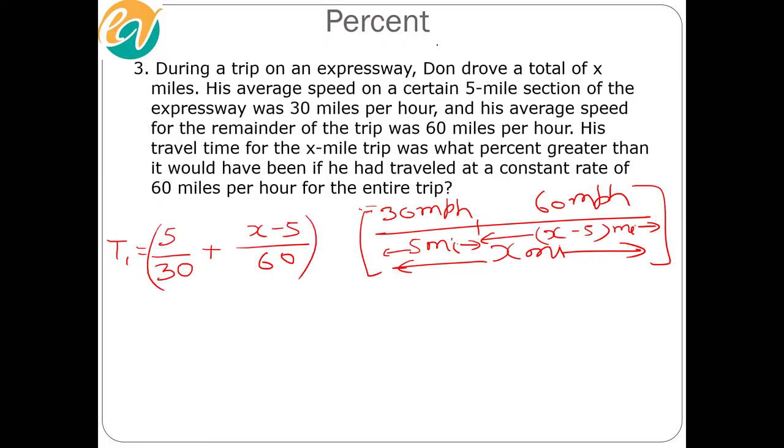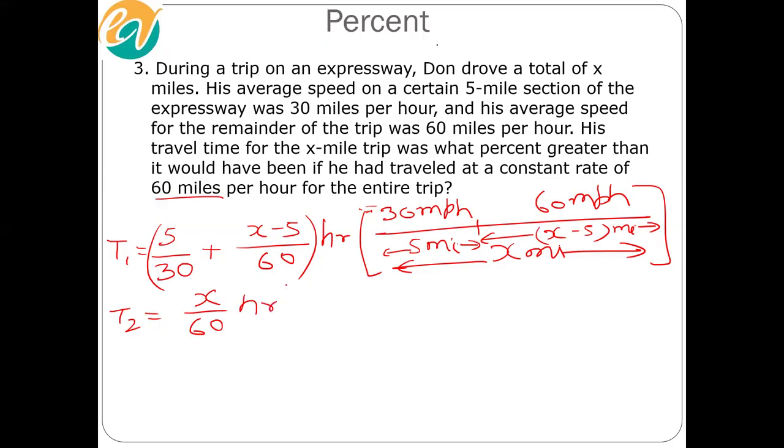Correct? On the other hand, if he had traveled the entire trip at 60 miles per hour, how much time would it have taken him? Distance upon speed, right? So these many hours and these many hours.